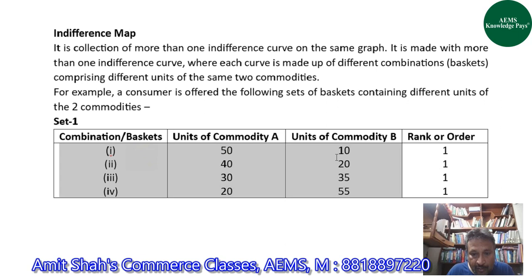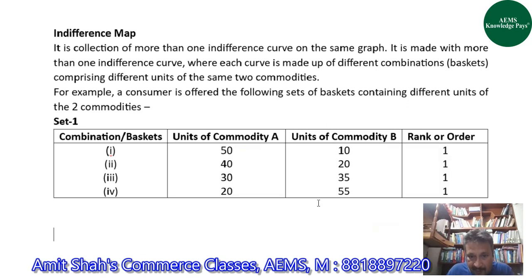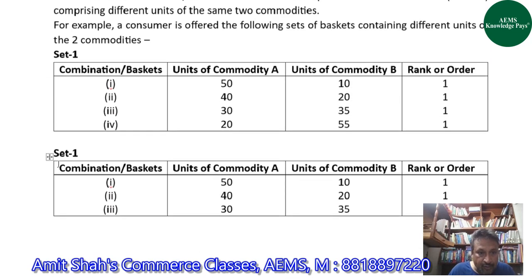Consumer is asked to rank them according to his satisfaction. He ranks them equally. It means with this data we can make one indifference curve. Now this is set 2.